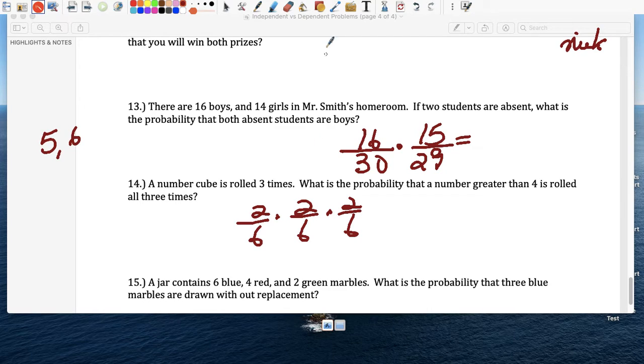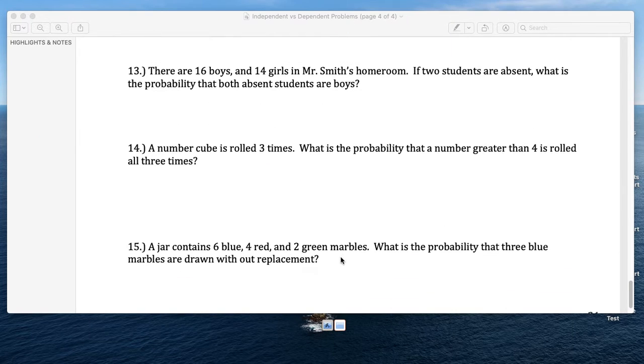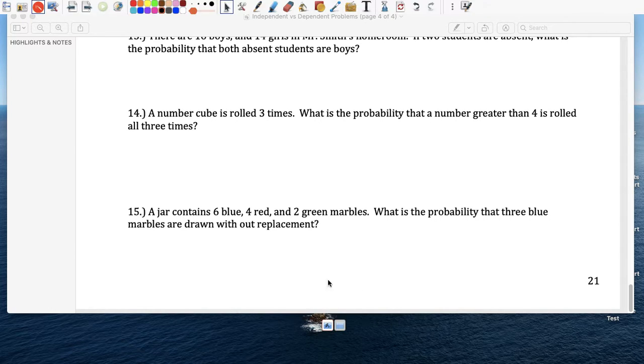A jar contains 6 blue, 4 red, 2 green marbles. What's the probability that 3 blue marbles are drawn without replacement? Okay, so first of all, let me calculate the total. 6, 4, 2. There are 12 marbles in total. On the first try, the probability of getting a blue is 6 out of 12. So here's my blue. I don't have 6 anymore. I have 5.